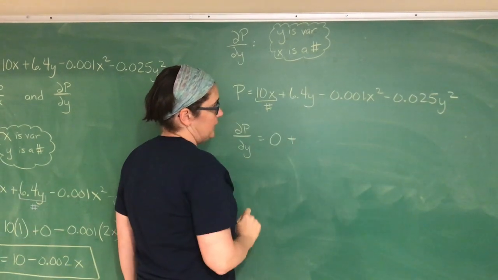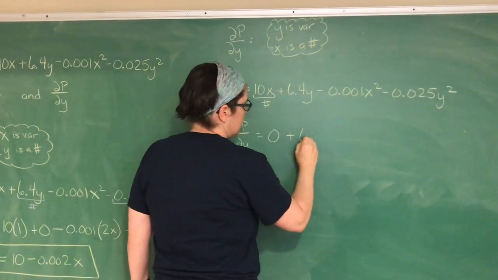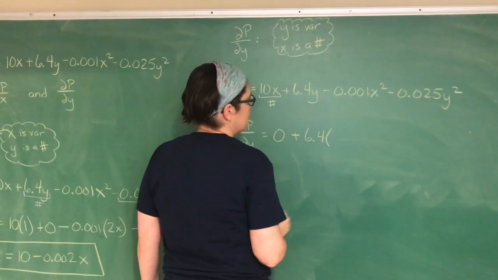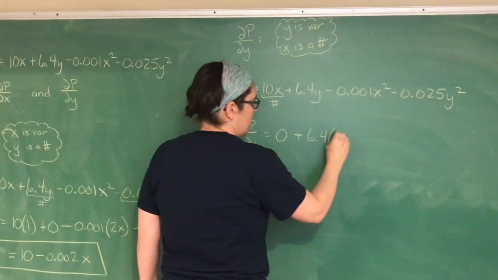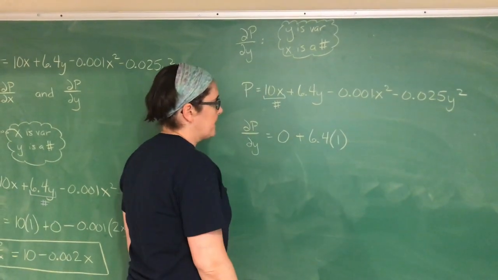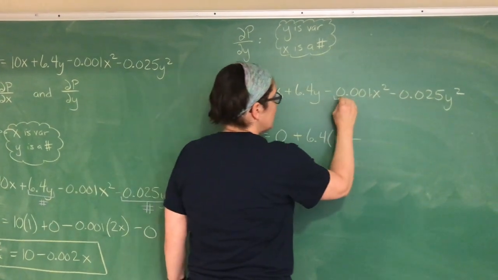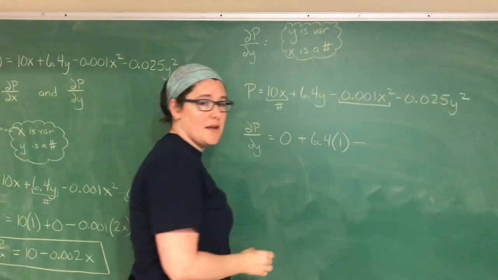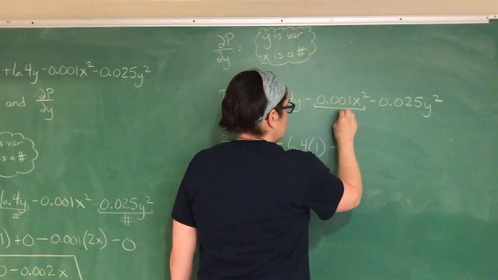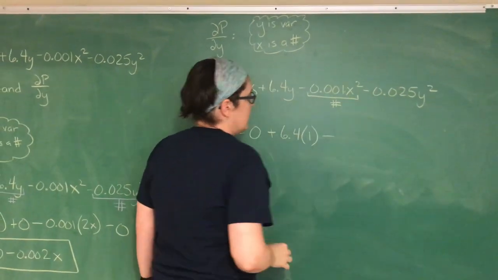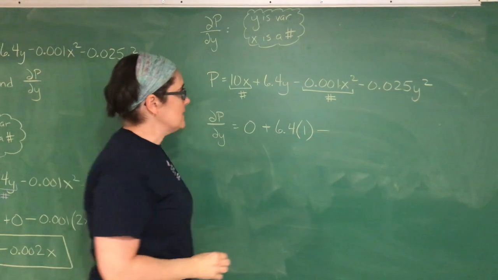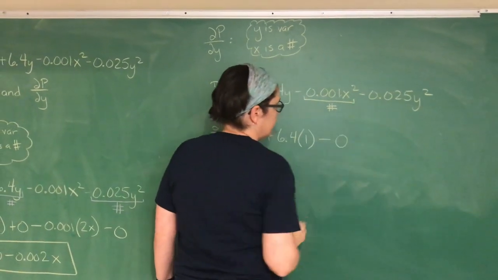My next term involves a y, so I'll carry along the number, 6.4, take the derivative of y, which is 1. Then I have a minus sign. My next term does not involve any y's. So my next term, the 0.001x squared, is a number sitting by itself. Its derivative is 0.